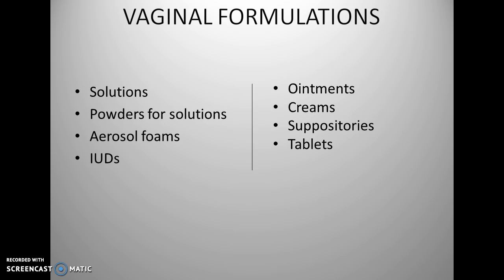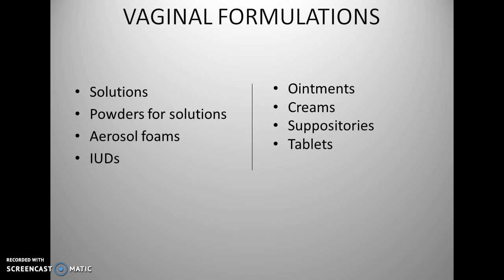Then you have ointments, creams, and aerosol forms. Vaginal ointments, creams, or aerosol forms typically contain antibiotics, estrogenic hormonal substances, or contraceptive agents. Creams and foams are placed within a special application tube, and the tube is then inserted high in the vaginal tract. The applicator plunger is depressed to deposit the formulation.